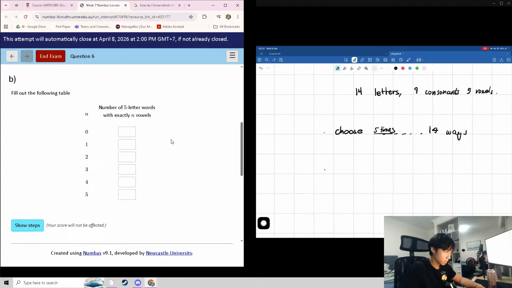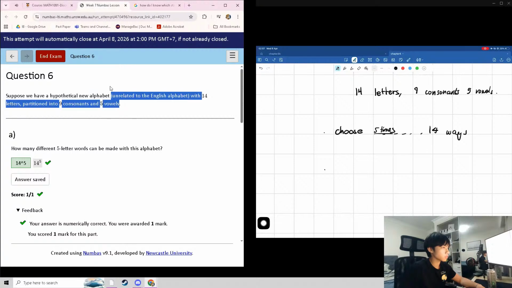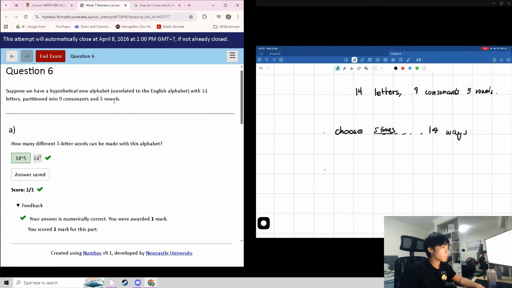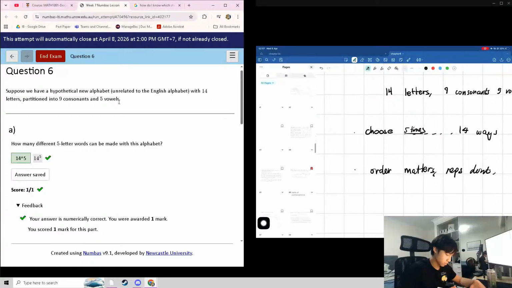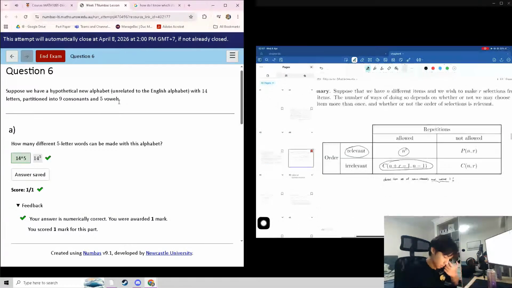Does order matter? Order matters, but reps don't.